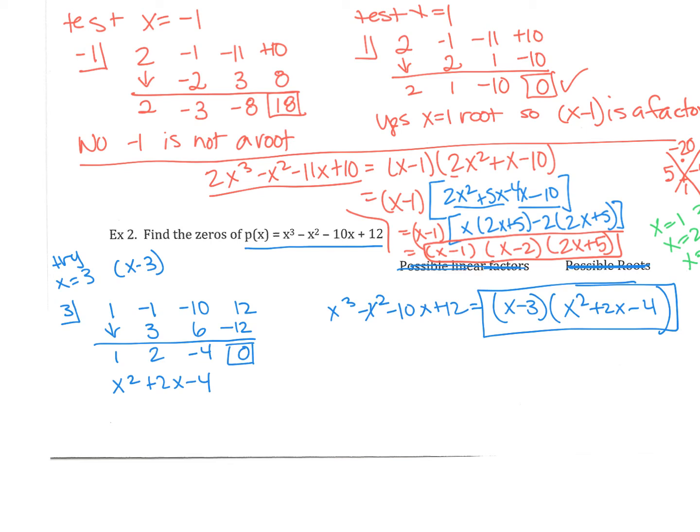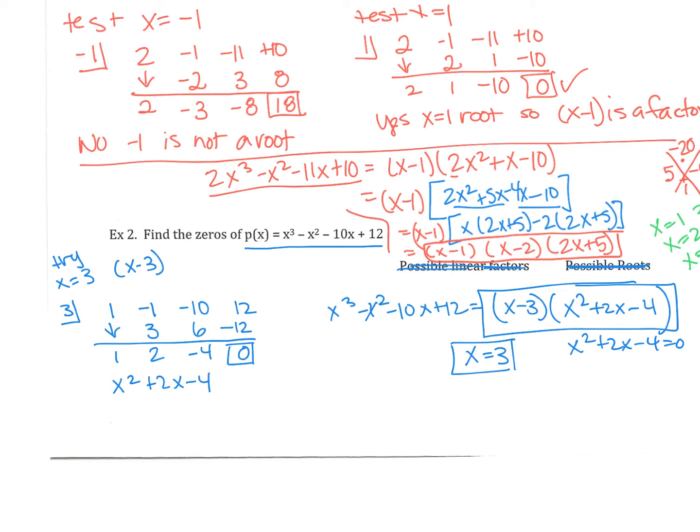And if I want to find my roots now, just like we did on our previous homeworks, I would get x equals 3 from my x minus 3 factor. And I could either use complete the square or quadratic formula to solve my x squared plus 2x minus 4 equals 0. I know a lot of you like to use the quadratic formula, so I'll go ahead and try that here too.